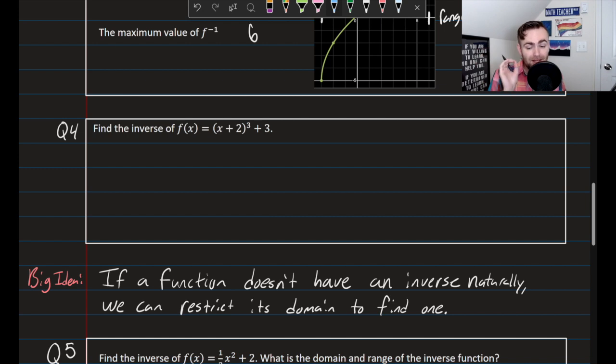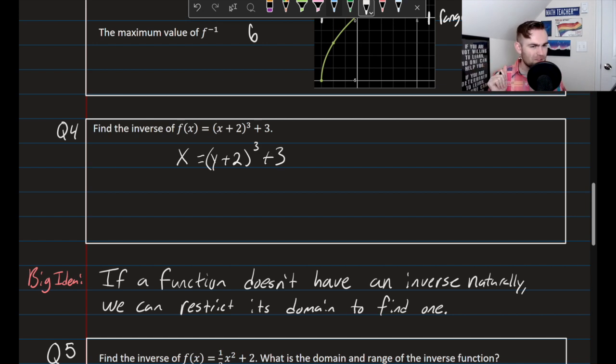So to find an inverse analytically, it's not bad at all. What we're going to do is we're going to take the f of x part of the function here, and we're going to replace that with an x, and we're going to replace this x with f inverse, or for right now we can use a placeholder of y. I like doing that because I'm lazy and don't like to write as much. So there we go.